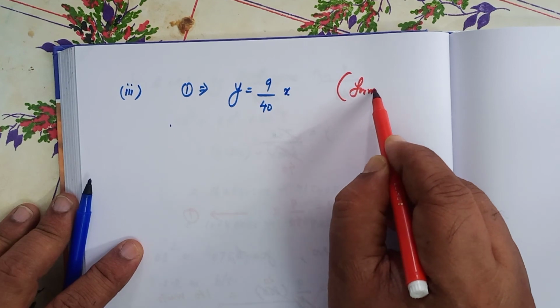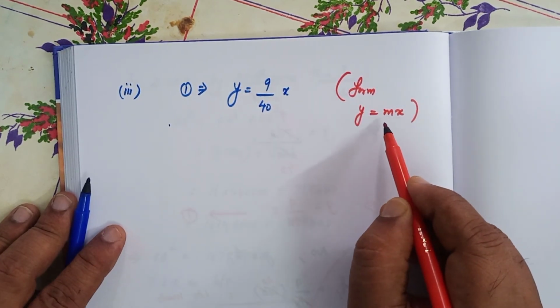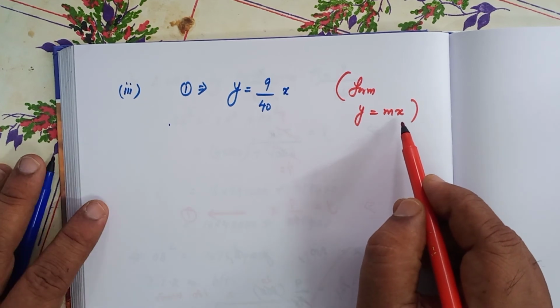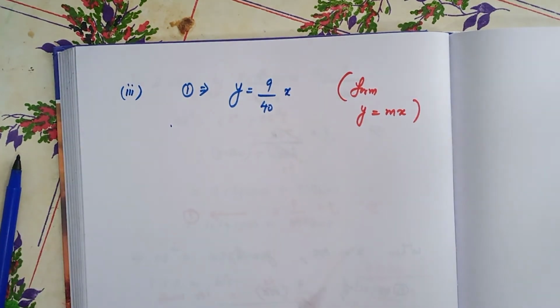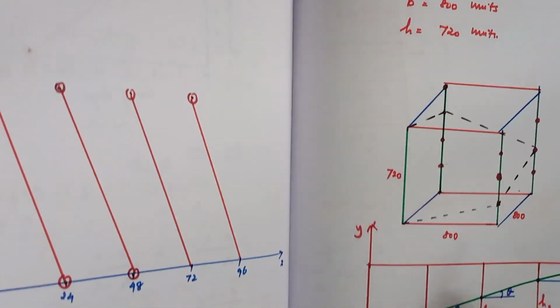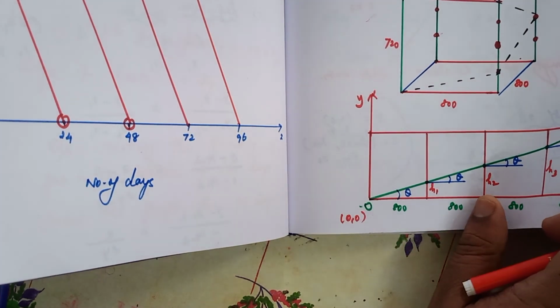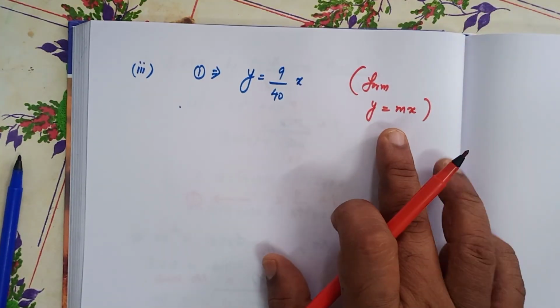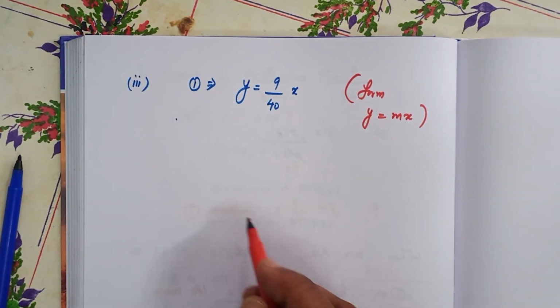Actually, the equation of a straight line with y-intercept c is y equal to mx plus c. Here the y-intercept is 0, because it is passing through the origin. Therefore, y equal to mx only. Any line passing through the origin is of the form y equal to mx. Here m represents slope. You know that.